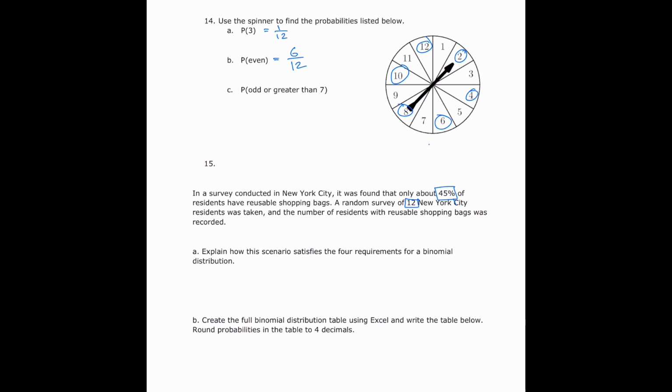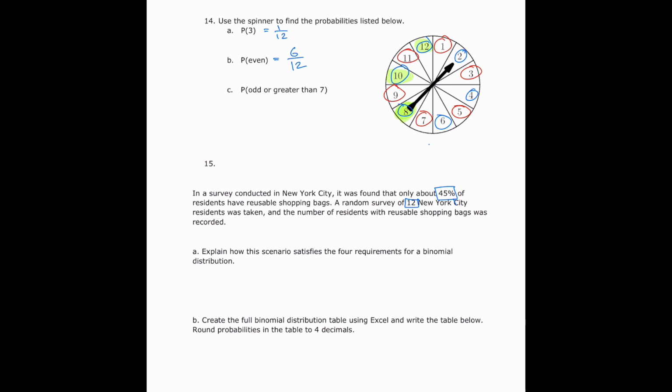What is the probability of selecting an odd number or greater than 7? So the odd numbers are 1, 3, 5, 7, 9, 11, and then the numbers that are bigger than 7 are 8, 9, 10, 11, 12.